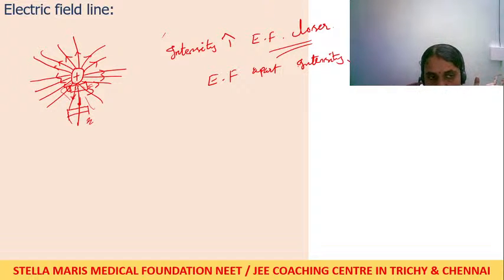This area is closer to the electric field, so the intensity is higher and the electric field lines are much closer. When we take the field lines apart, the intensity decreases and the electric field lines also decrease. Have you all understood?